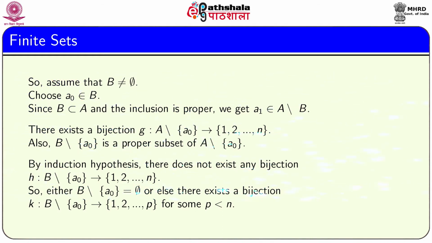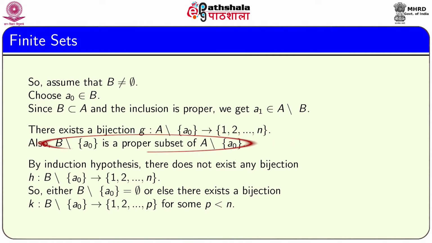Choose any point A0 from B. Since B is properly included in A, we always have a point A1 from A minus B. So, there exists a bijection G from A minus A0 to the set 1 to n, as we have seen earlier.